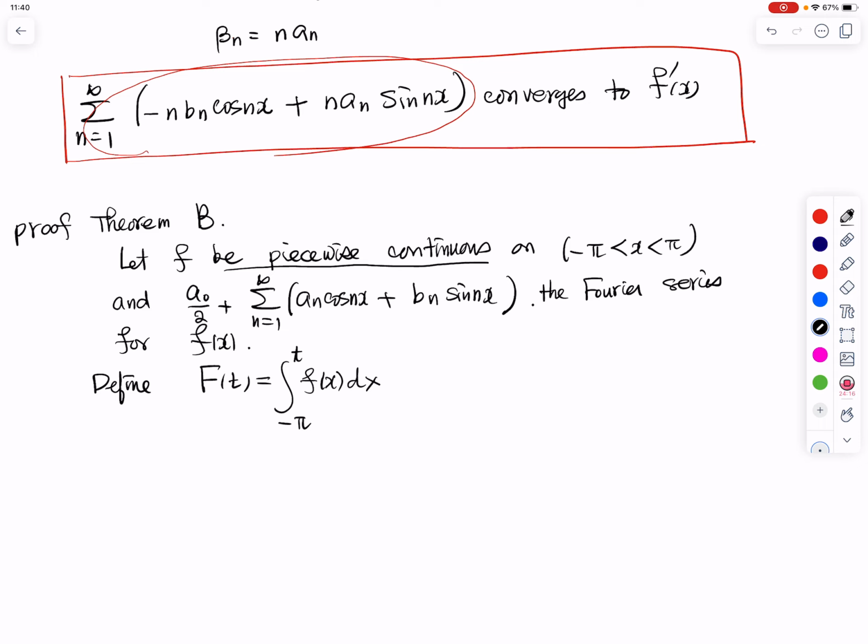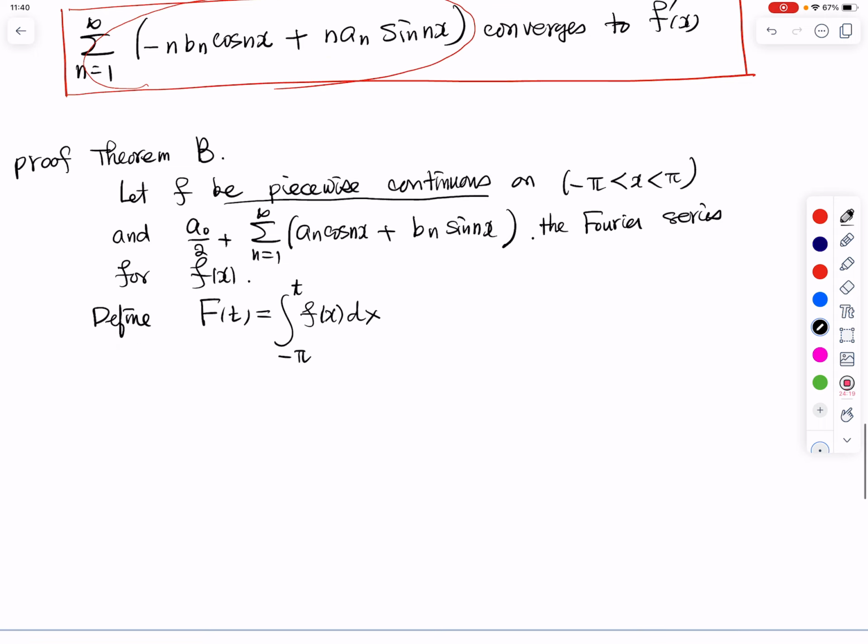So F is continuous for t between minus pi and pi. We don't need to worry about that. So F is continuous.